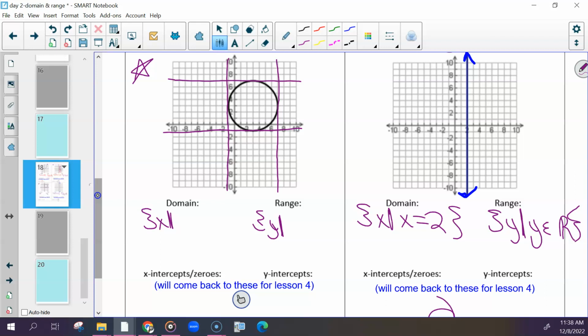What is our domain? Go ahead. And then our range.